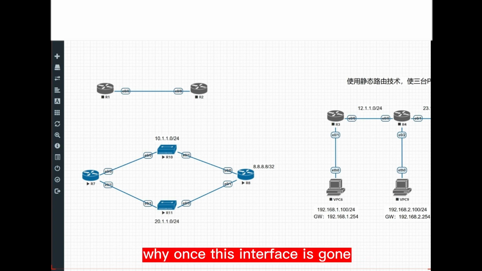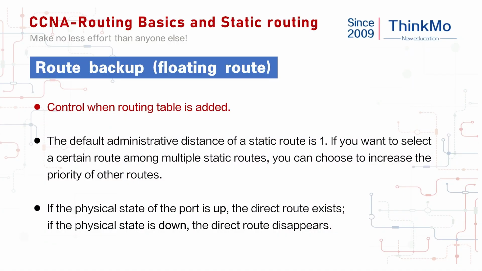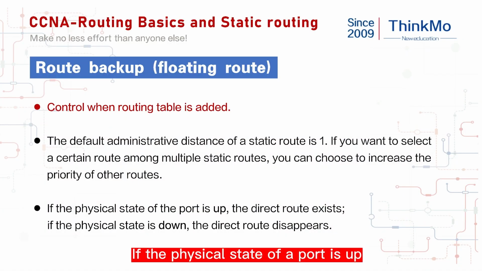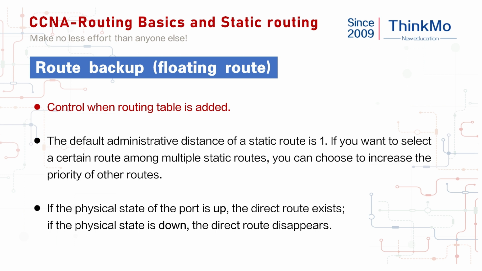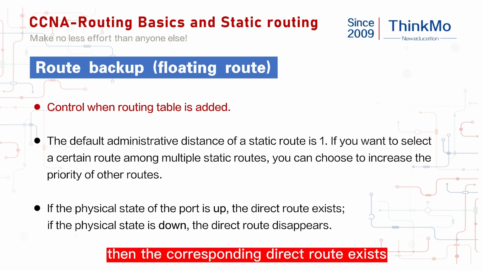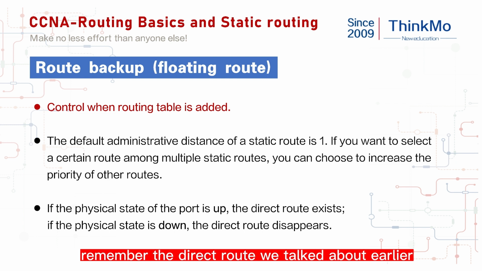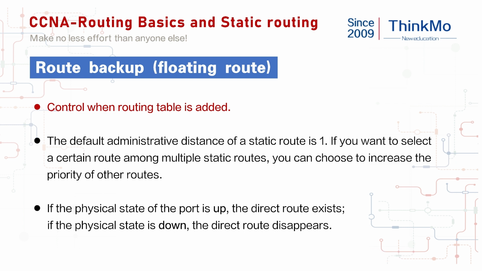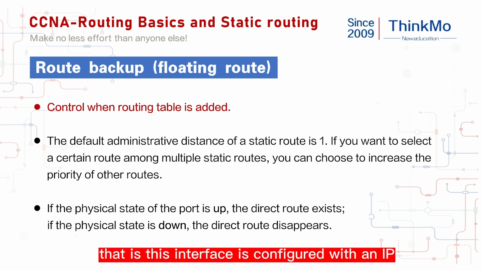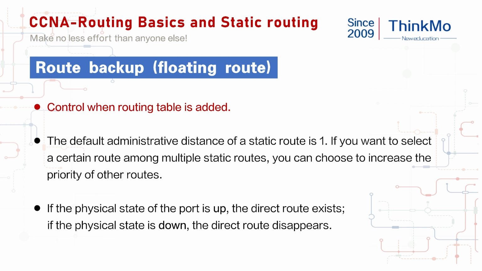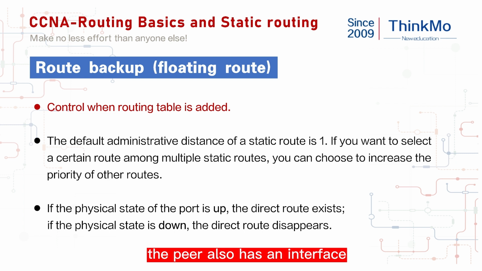Why, once this interface is down, does the corresponding route disappear? For routing, if the physical state of a port is up, then the corresponding direct route exists. Remember the direct route we talked about earlier? That is, this interface is configured with an IP and no shutdown, and the peer also has an interface.